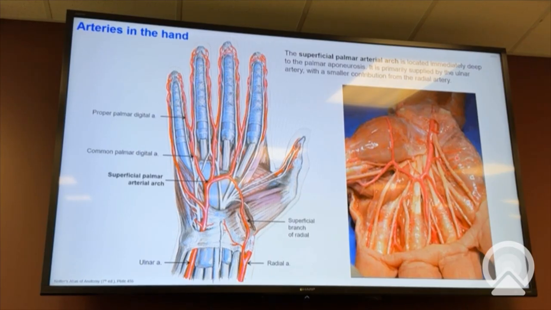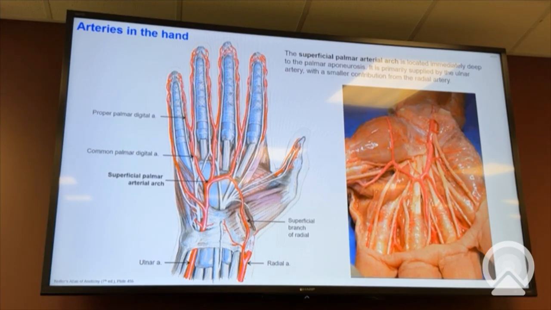This is a dissection where you can see the thenar eminence here laterally, the hypothenar eminence here, and I can see some of the tendons, maybe some of the flexor digitorum tendons in there. And they've injected the arterial system with latex, so you can see this bright red. Your arteries don't really look like that. Unfortunately, it'd be nice if they did, because it'd be easier to tell them from veins.